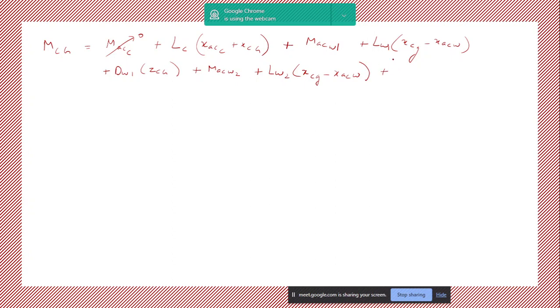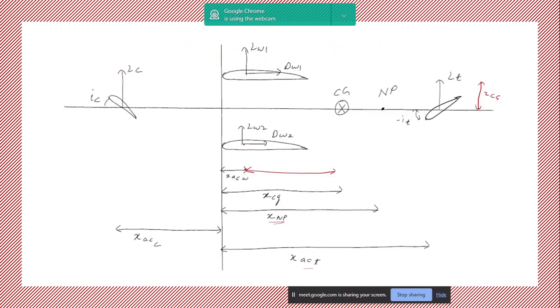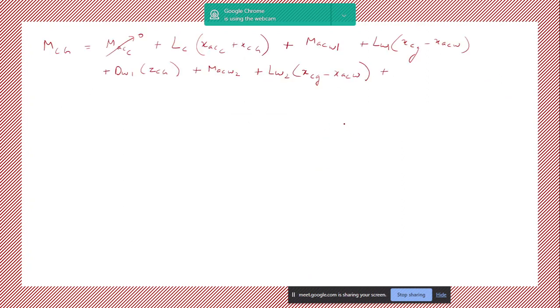Then drag is in this direction, and about CG it will produce a nose down moment, so it will be negative. So you will have minus DW2 ZCG.